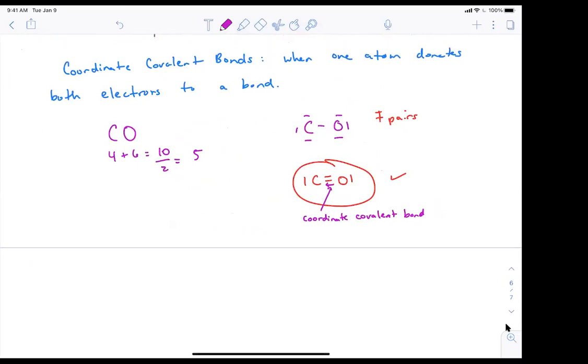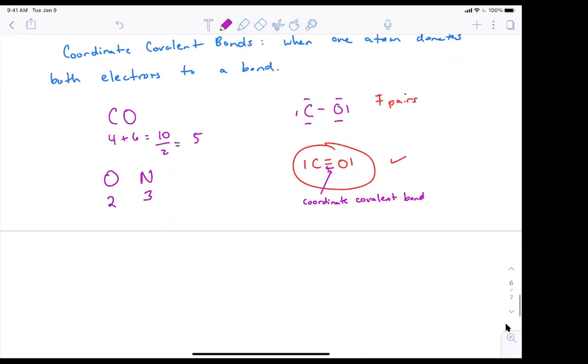If you want a quick and easy way to figure out whether a structure has a coordinate covalent bond or not, most atoms have a desired number of bonds they want to have. For example, oxygen wants 2 bonds and nitrogen wants 3 bonds, because oxygen has 6 valence electrons and nitrogen has 5 valence electrons.